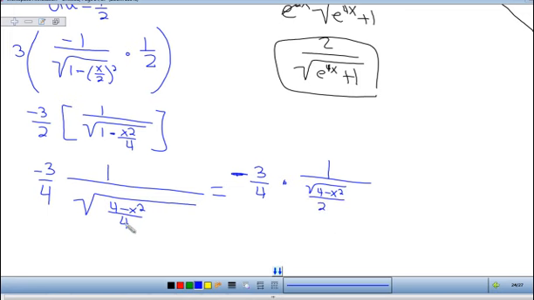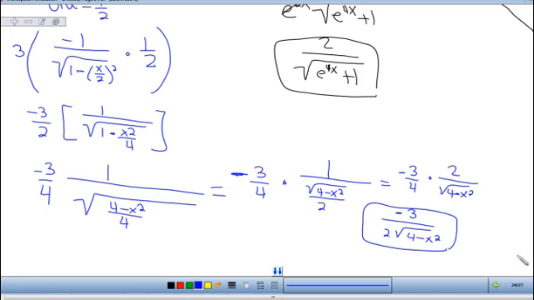Take the square root of the top, square root of the bottom. Okay, so this 1 divided by this, it can be just times the reciprocal. My 2's cancel. And there's my derivative.